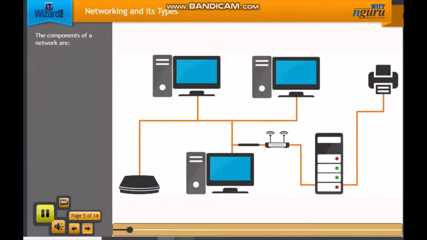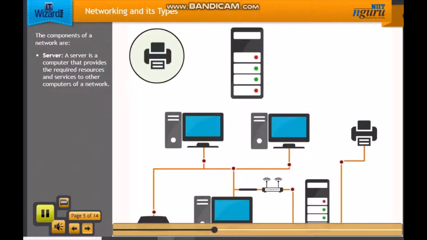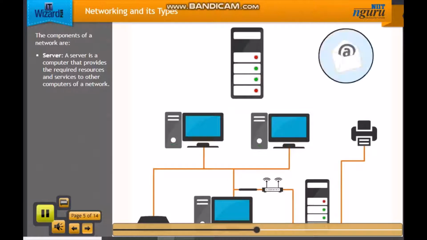The components of a network are server. A server is a computer that provides the required resources and services to other computers of a network. The resources provided by the server can be files, printers, scanners, or external hard drives, whereas some of the services provided by the server can be sending or receiving emails, printing files, or managing a file.